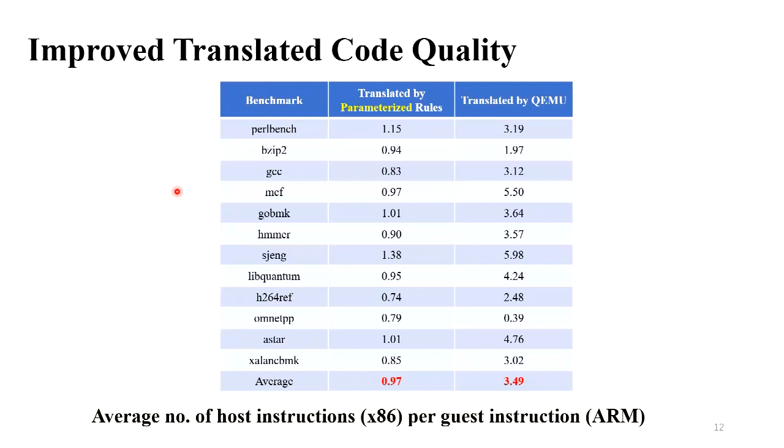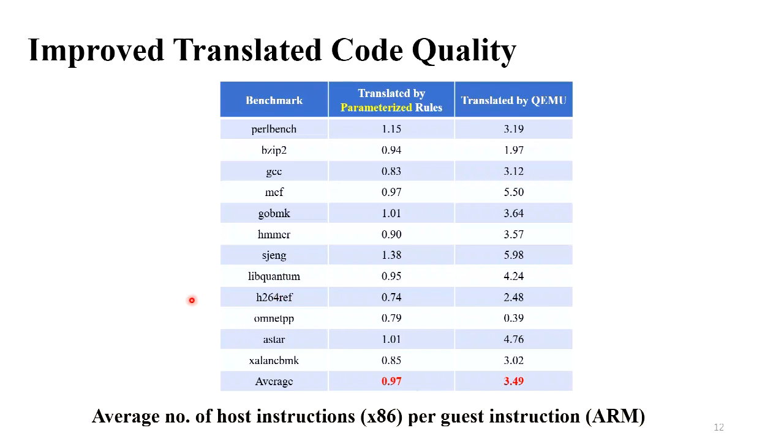As the execution time of a program is directly linked to the number of instructions executed at runtime, we define the code quality as a ratio between the number of translated host instructions and the number of guest instructions. That is, the fewer translated host instructions needed to emulate the guest instruction, the better the code quality.